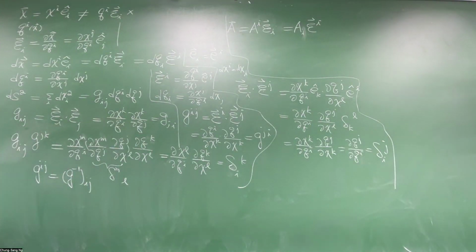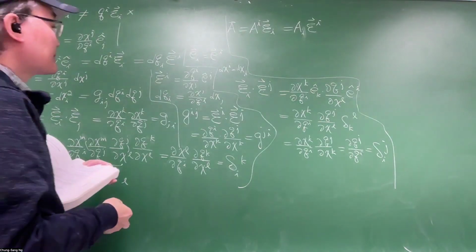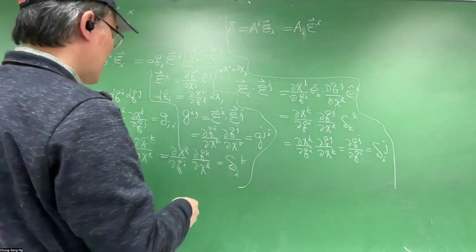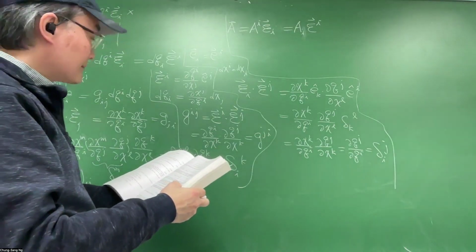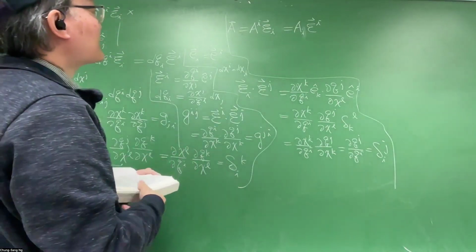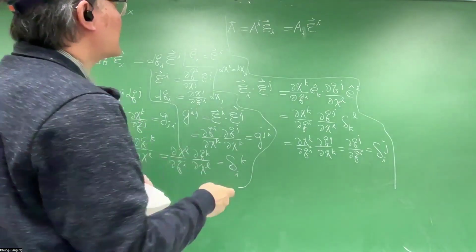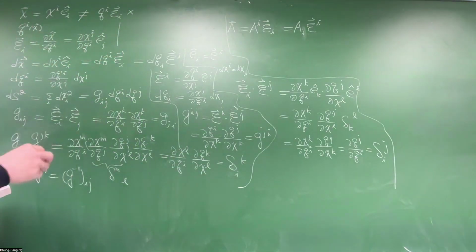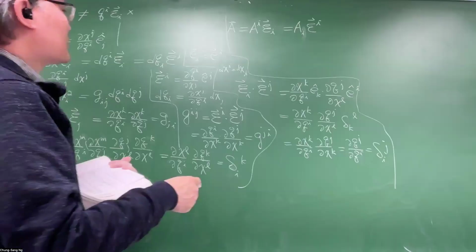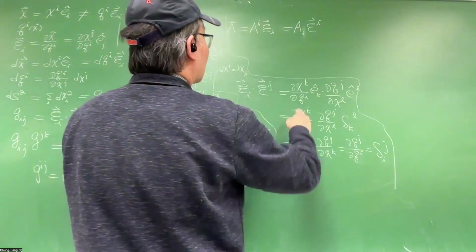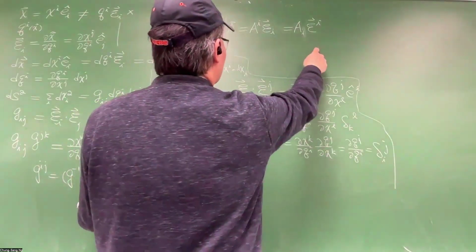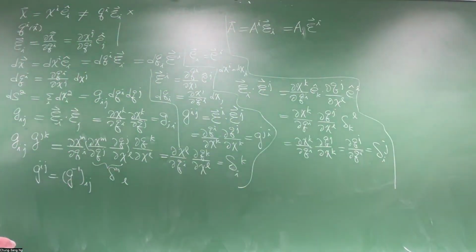And now the better way to look at this is, because we want to change the contravariant one to a covariant one, right?